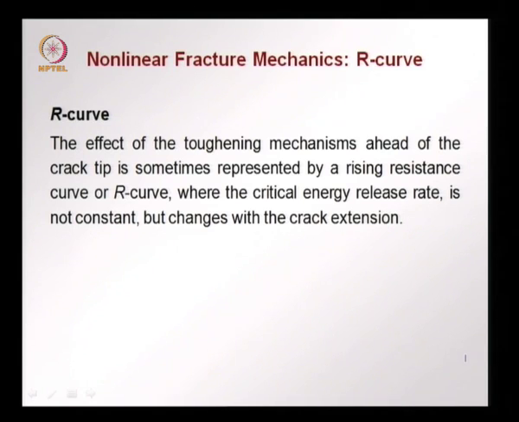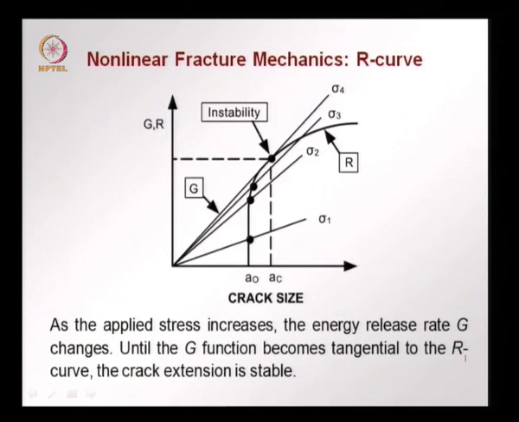The effect of the toughening that we saw in many of these cases in this lecture is represented by an increasing or rising resistance curve, or R curve, where the critical energy release rate, earlier we called it GC when it was constant, is now changing with crack extension, that is, it is increasing with crack extension.